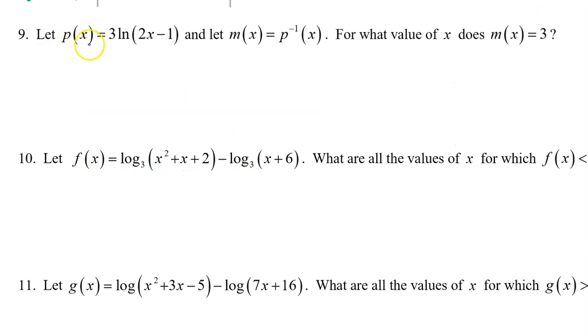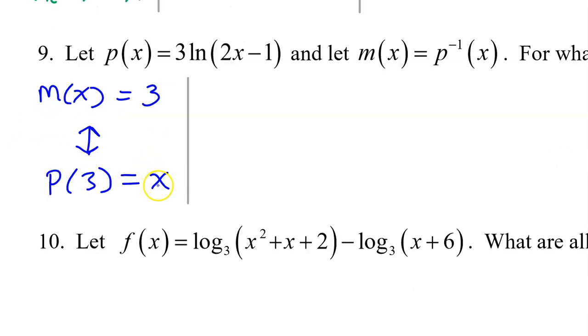Number 9, p is equal to this expression, and m and p are inverses. For what values of x does m of x equal 3? Since m and p are inverses, m at x will equal 3 if and only if p at 3 is equal to x.